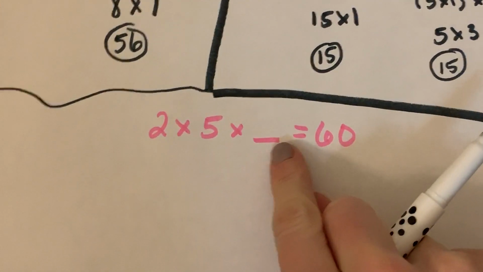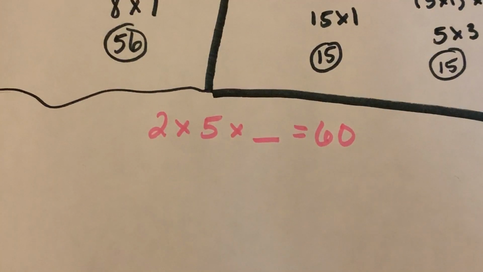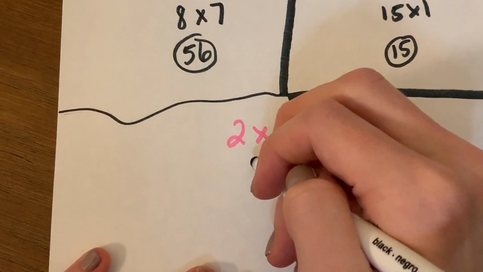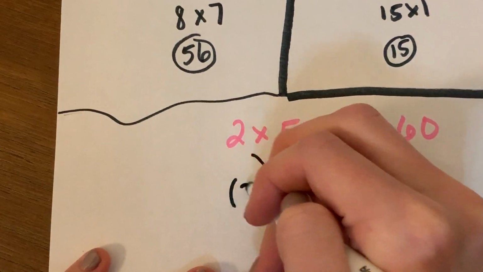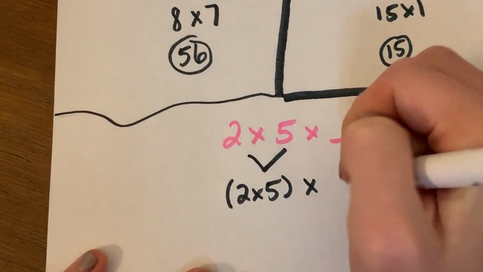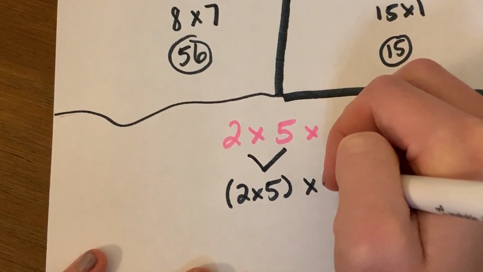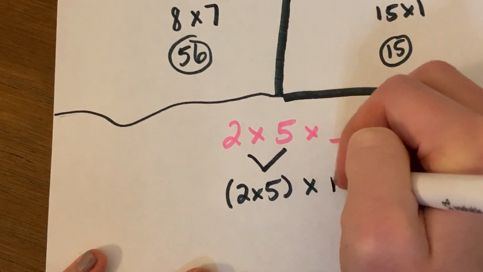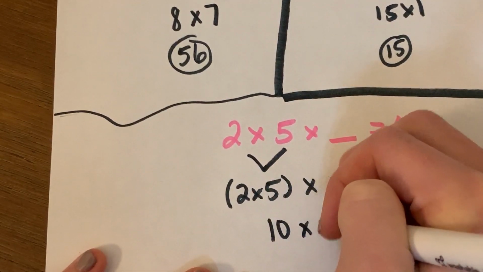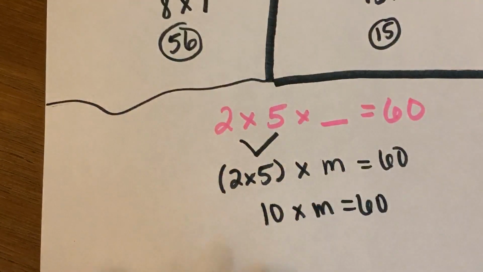We need to figure out what goes here. One thing we can do is start with 2 times 5 times, let's throw a variable in there, m, gives me 60. So now I have 10 times m gives me 60.